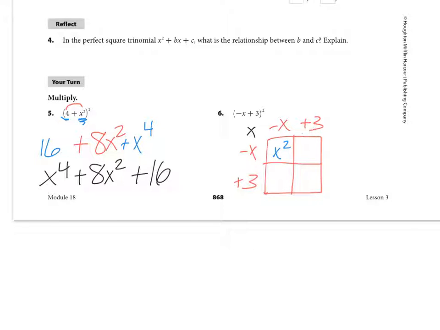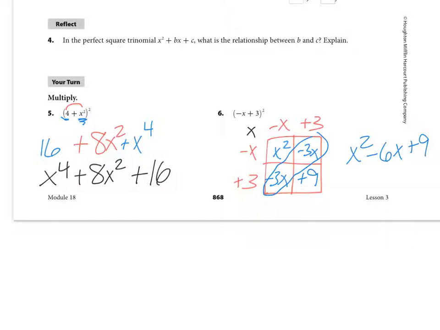Negative x times a positive 3 gives me a negative 3x. Positive 3, negative x, again gives me a negative 3x. And then positive 3 times positive 3 is a positive 9. Again, there are my like terms on the diagonal. So I simplify and I get x squared minus 6x plus 9.